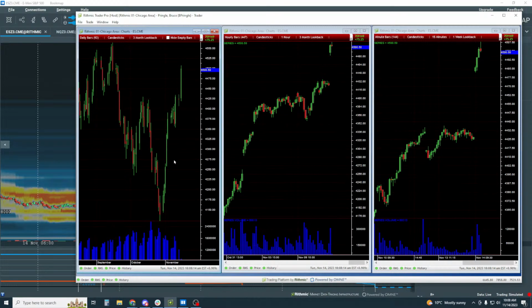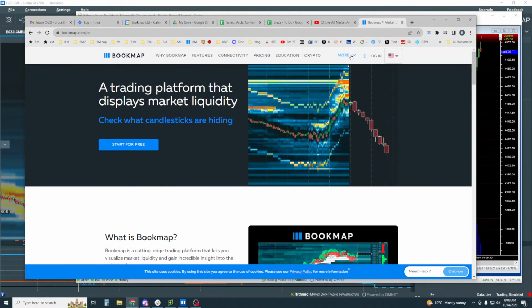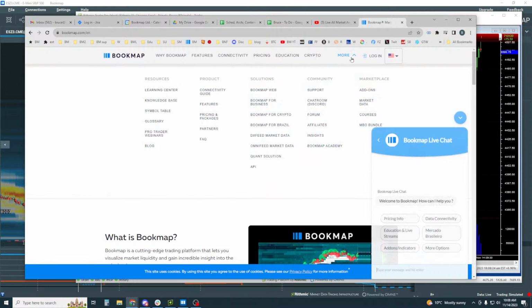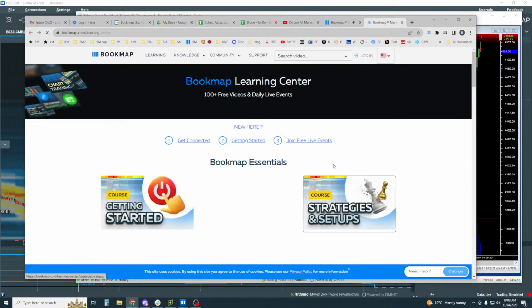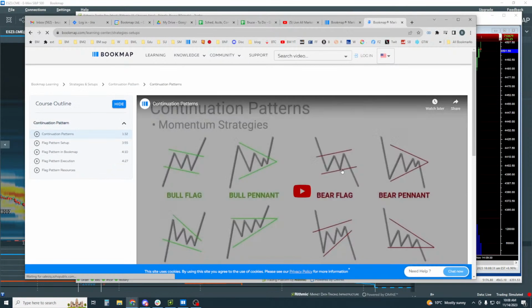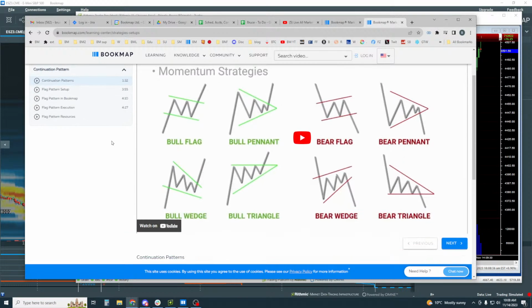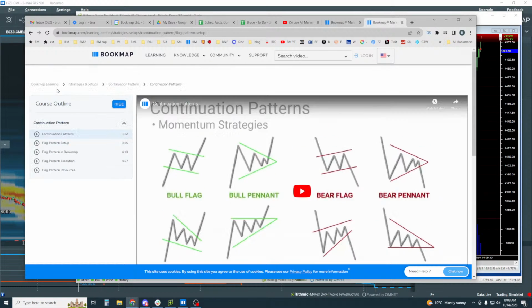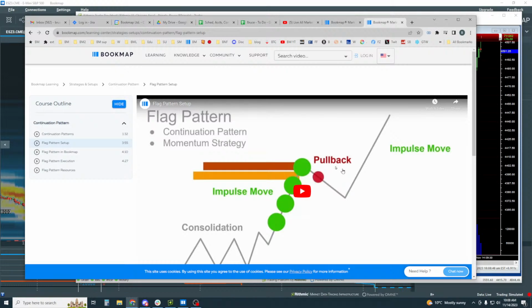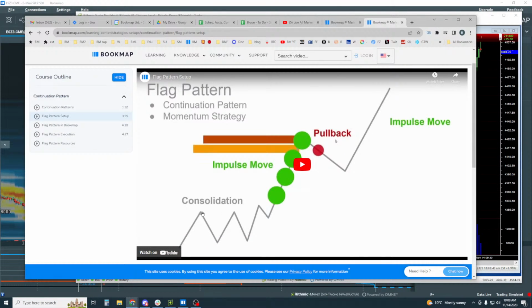For those of you who have taken a look at our flag pattern content, you can go to the more button here from bookmap.com and then go to the learning center and the strategies and setups. We talk about continuation, momentum strategies, and continuation patterns, and we just cover a simple flag pattern. They're really all very similar, and we break down the components and understand what's behind them.